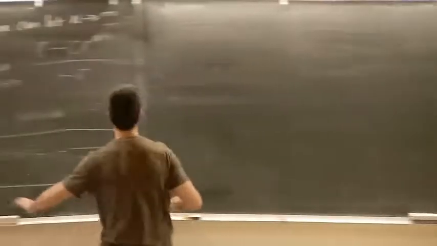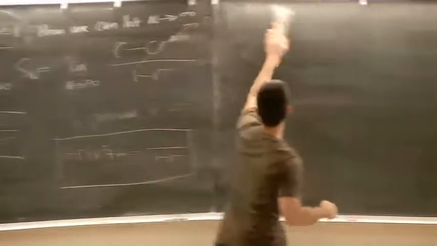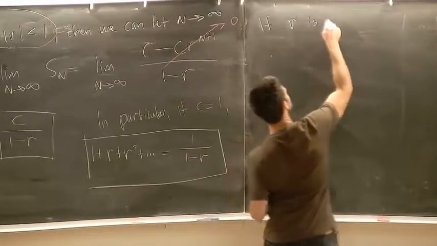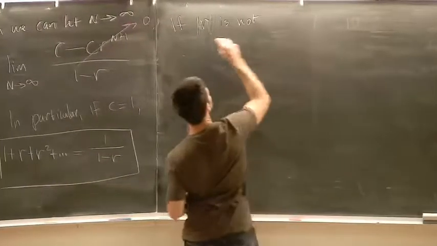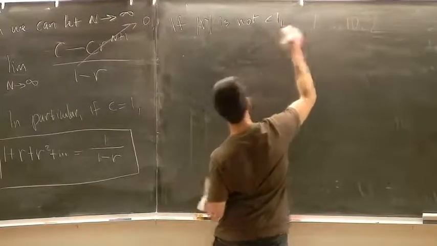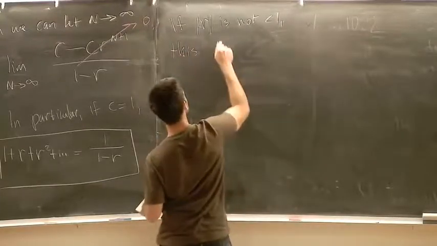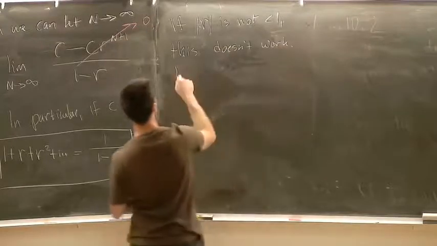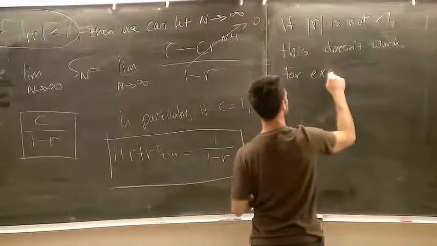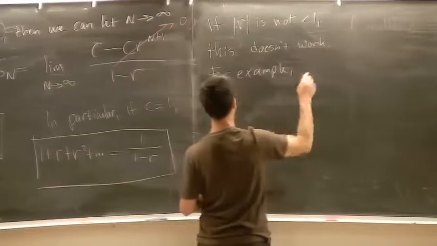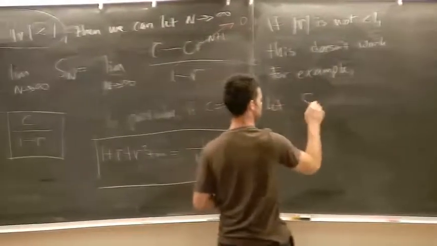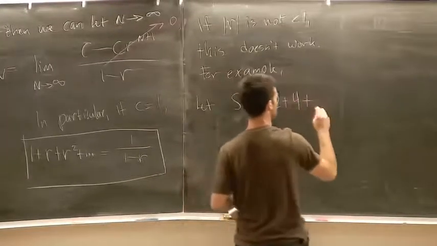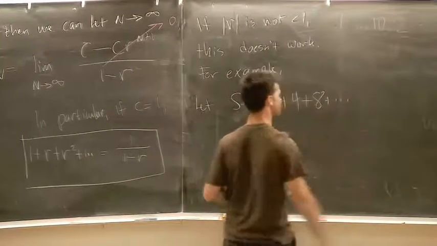So let me just show you what could go wrong. So here's a little counterexample. Let S be, how about, 1 plus 2 plus 4 plus 8 plus so forth.